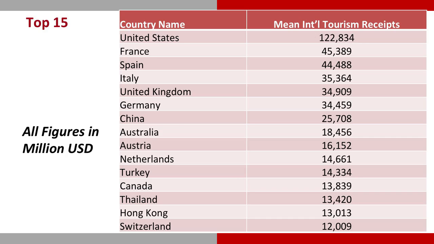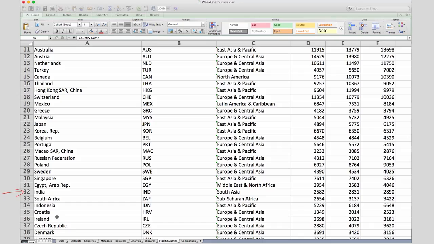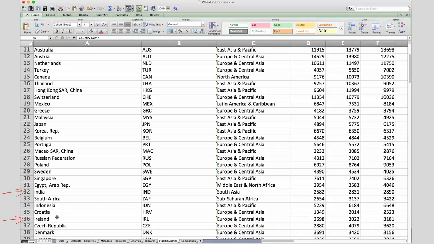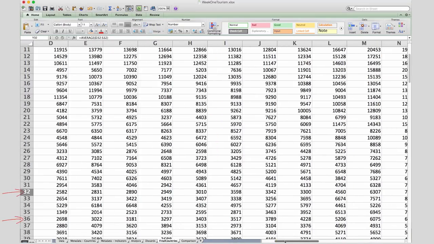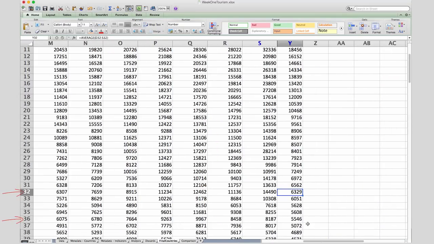And this here is the top 15 countries based on such averages. Now, getting back to our earlier question, we see that India is ranked only slightly higher than Ireland, 4 ranks away. So if we now look at the averages column, at row 32 is about 6.3 billion and at row 36 is about $5.5 billion.